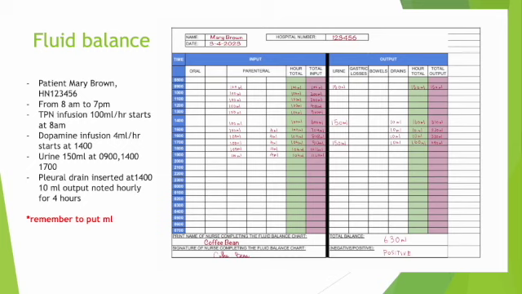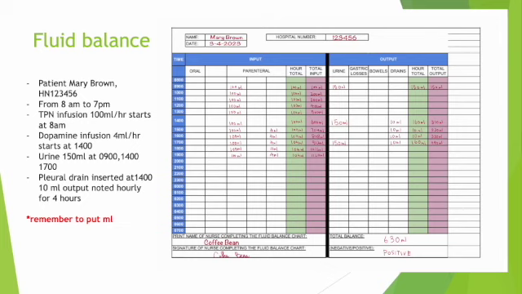Just like for our food, if we start at 8 a.m., like this one, at a rate of 100 ml per hour, then put the 100 ml in the 9 a.m. box. Because if it starts at 8 a.m. at a rate of 100 ml per hour, it means the patient will receive that 100 ml 1 hour later, right?